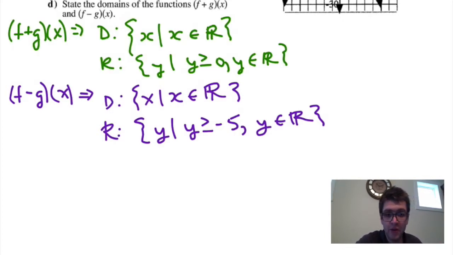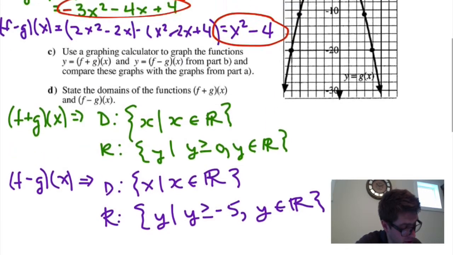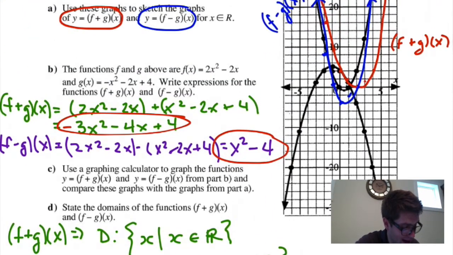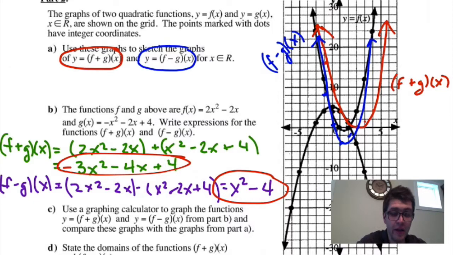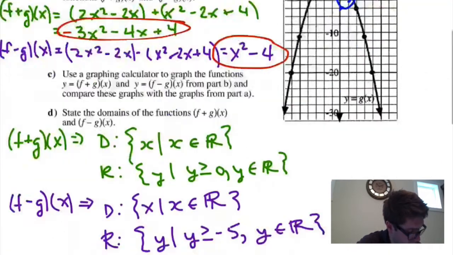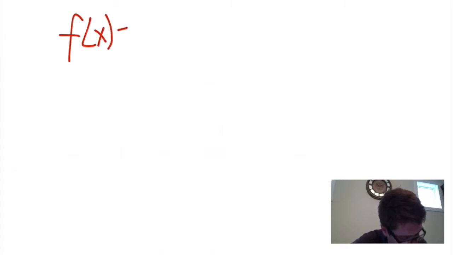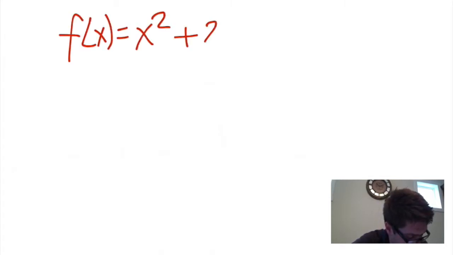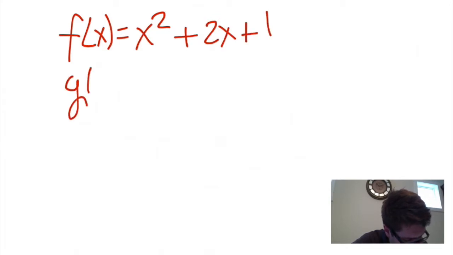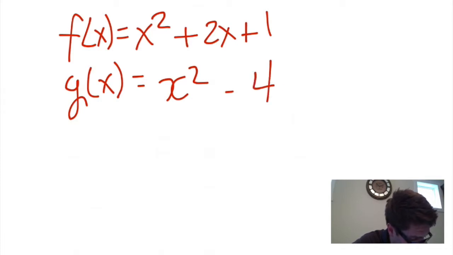The one thing that I don't have on my slide that you probably do is, is there a time when I add and subtract these two functions that doesn't give me a quadratic function? And that is very possible. What happens if I have two quadratic functions that look like this? We're doing function notation, so f of x equals x squared plus 2x plus 1, and g of x equals x squared minus 4x plus 1.